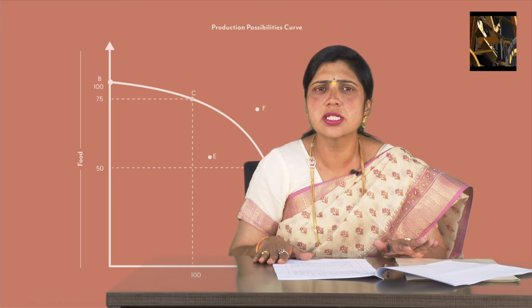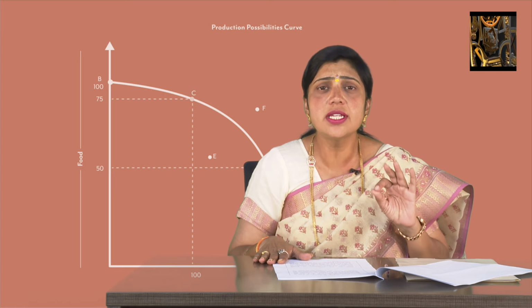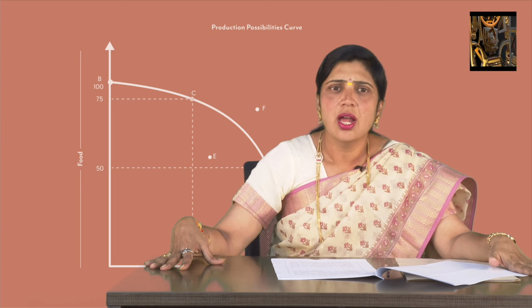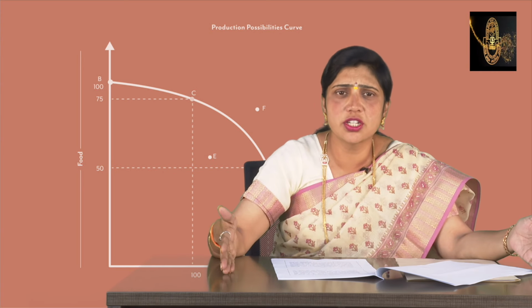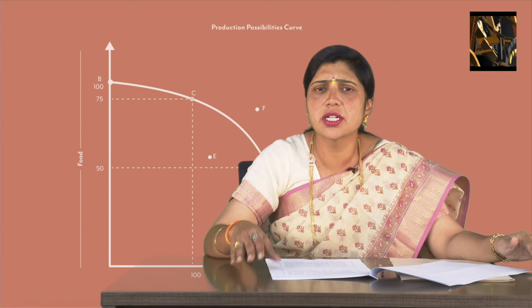What are these fundamental problems? Every society must have a way of determining what commodities are produced, how these goods are produced, and for whom they are produced. What commodities are produced and in what quantities is the problem of production.